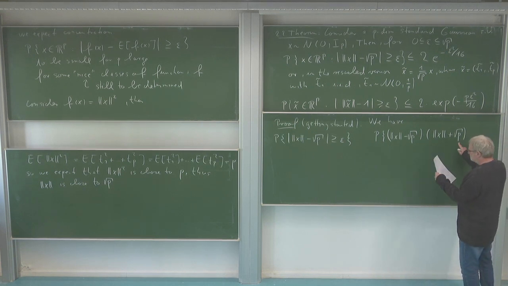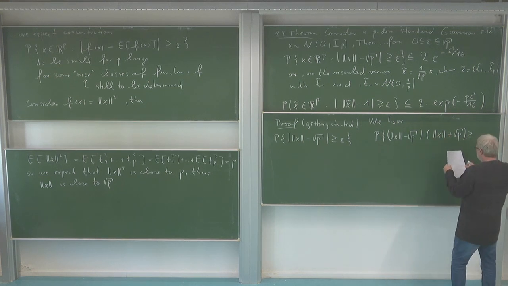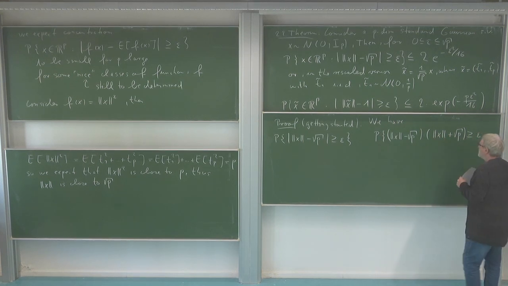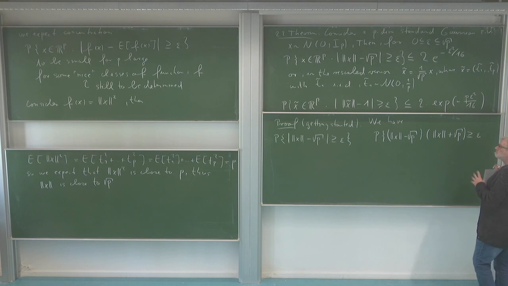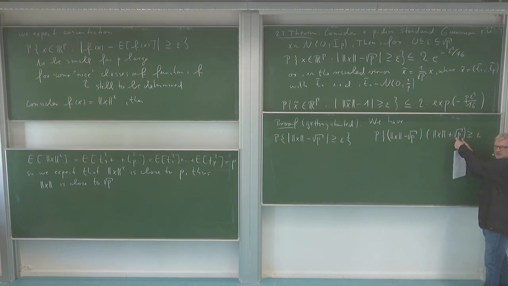Okay, but what is the estimate now? What I want is that this guy is bigger than epsilon, and now I multiply this with something which is always true, independent of x. This guy here is always bigger than the square root of p.